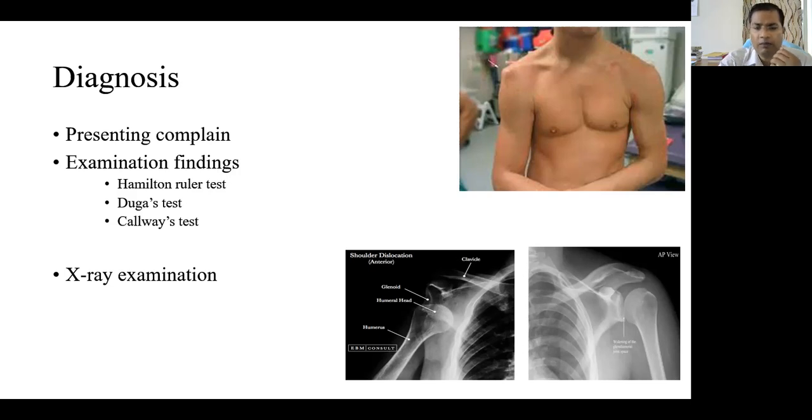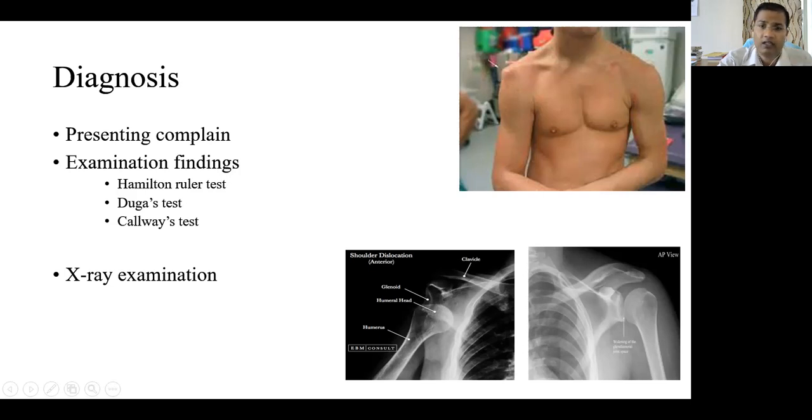So in normal patients, when you place a ruler on the lateral side of the arm, the ruler will not touch both the lateral condyle of the humerus as well as the shoulder joint simultaneously.